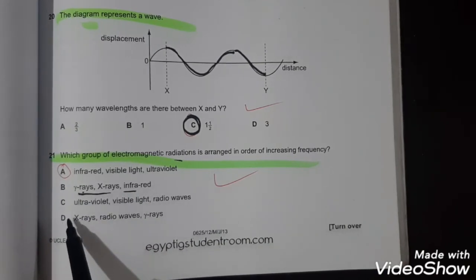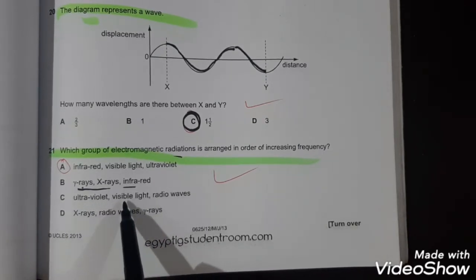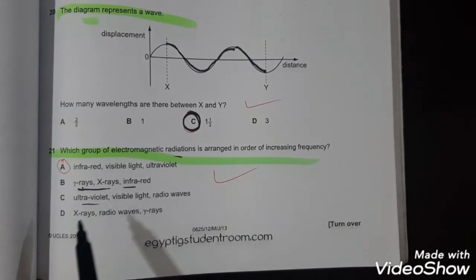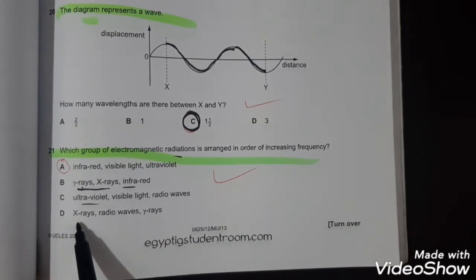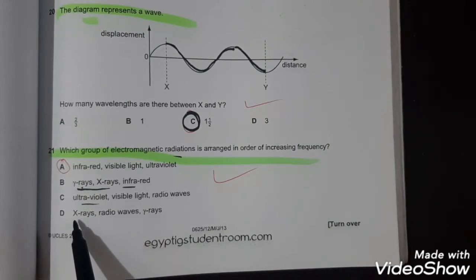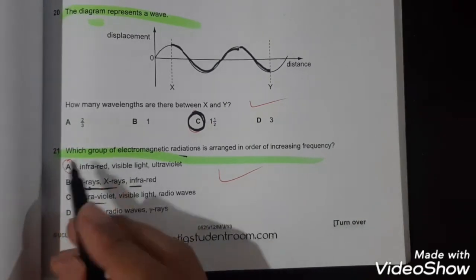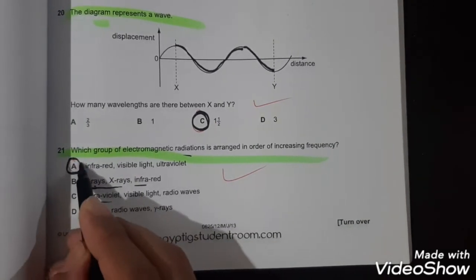And then over here C, ultraviolet also has higher frequency as compared to visible light, so C will also be wrong. And then in D it is X-rays, radio waves, and gamma rays, which is also wrong because X-rays have higher frequency as compared to radio waves. So answer A will be correct for question 21.